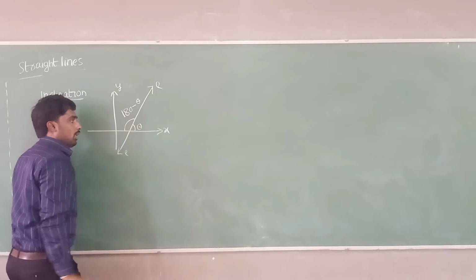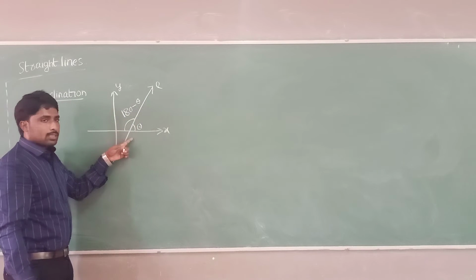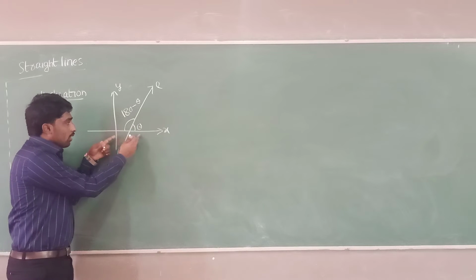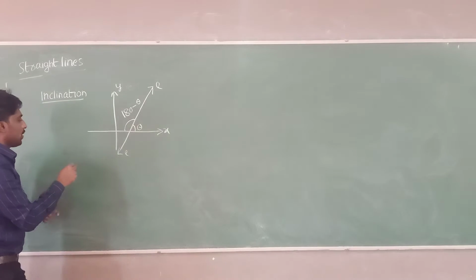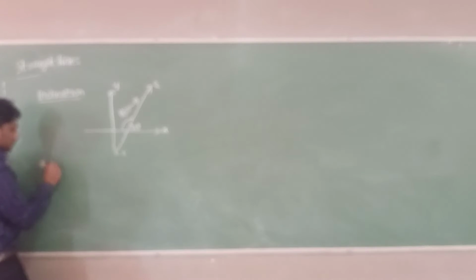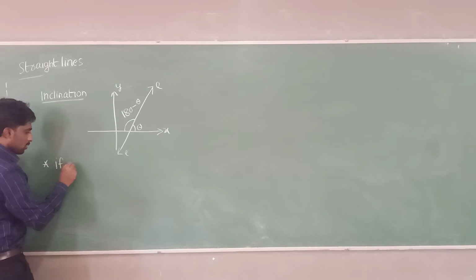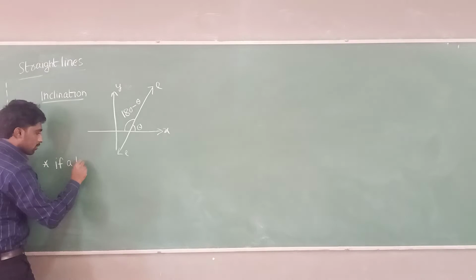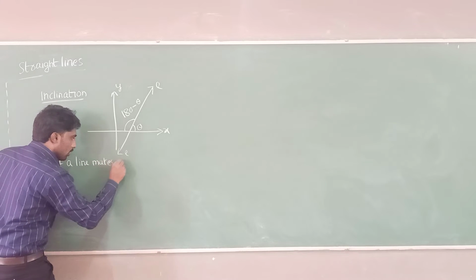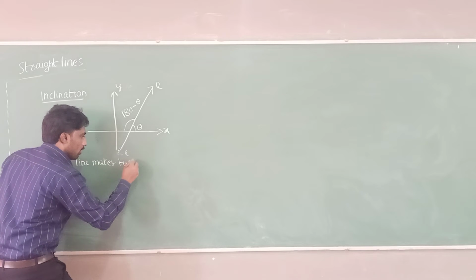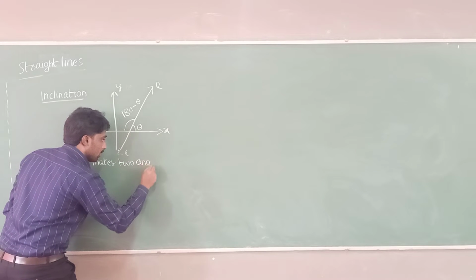If you observe clearly, if a line cuts the x-axis, it forms 2 angles with the x-axis. You have to mention that point: a line makes 2 angles with the x-axis.